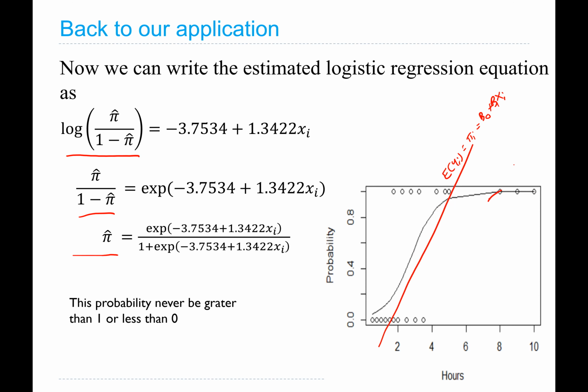It's very clear this one fits the data better than that one. And this one is never greater than 1 and never less than 0. So you can use this equation to predict the probability of success at some given number of hours a student studies for the exam.